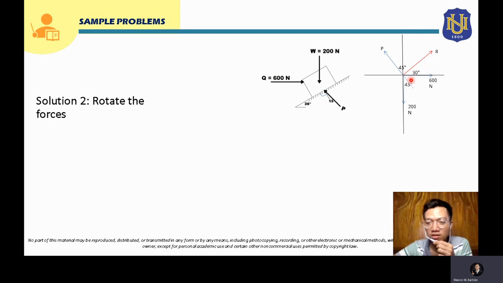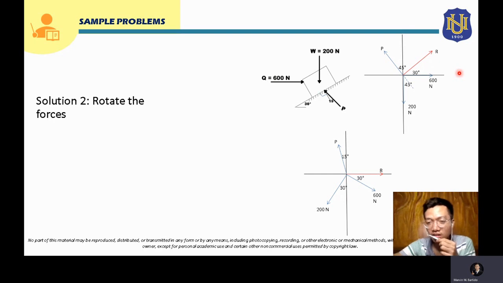Now, to make the calculations more simple and shorter, we can actually rotate the forces in this concurrent force system. So we can rotate our resultant in such a way that it will be in the x-axis, because if your resultant is in the x-axis, it means that there will be no vertical component for that resultant, right?